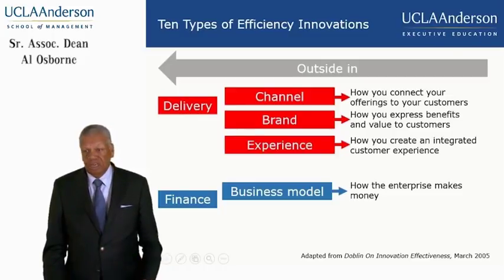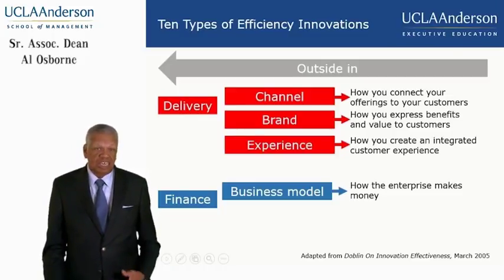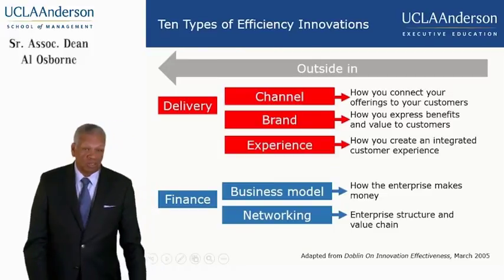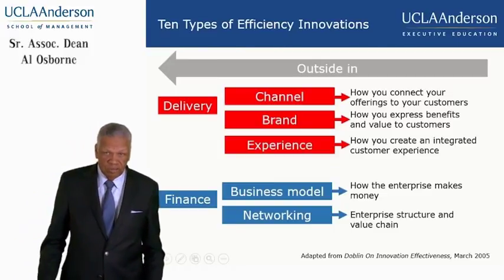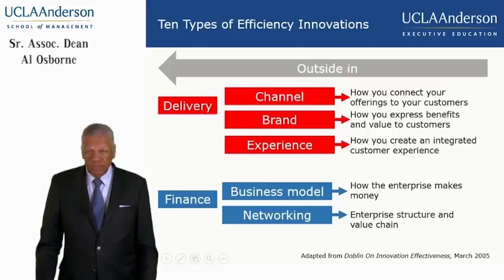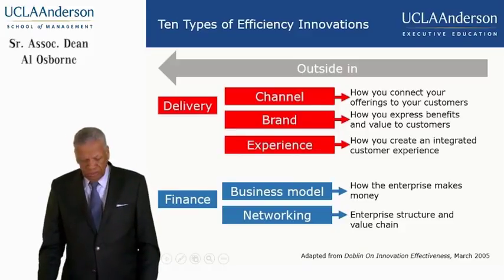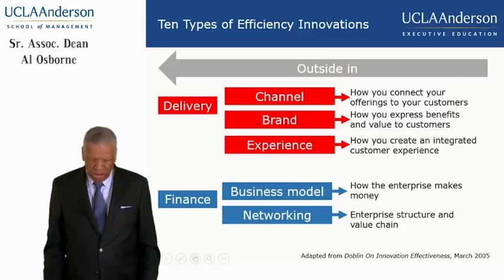So there could be efficiencies in deciding payment mechanisms, for example, how you collect revenue. As you can see, a number of facilitating innovations along those lines today for all kinds of services. And finally, how you work in the value chain, and whether or not the enterprise is structured in such a way as to network and take advantage of those interrelated systems as one way of improving efficiency in your operation from the outside in.